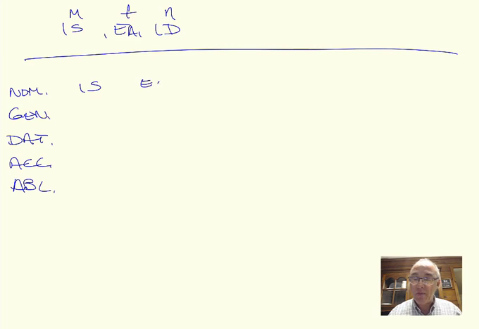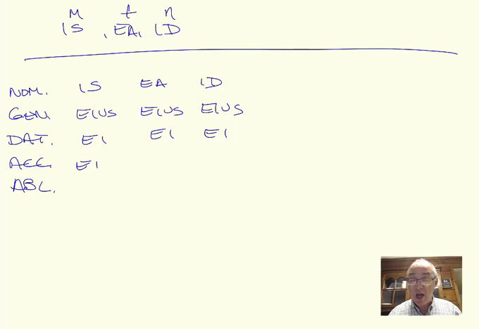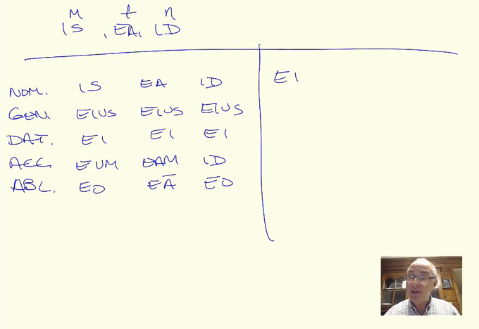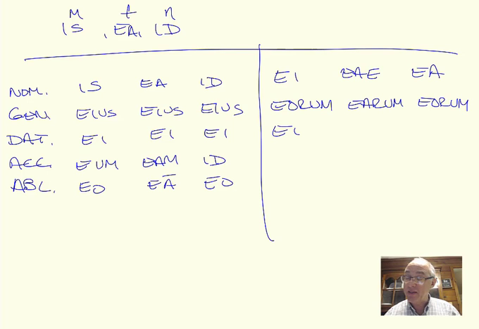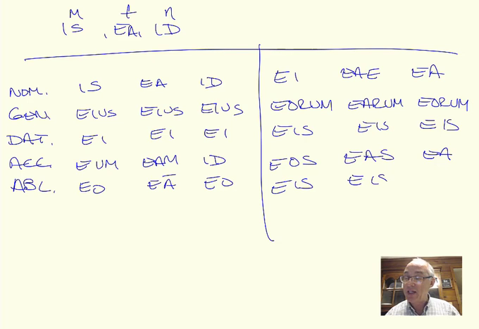Is, ea, id, eius, eius, eius, ei, ei, ei, eum, eam, id, eo, ea, eo. And in the plural, ei, eae, ea, eorum, earum, eorum, eis, eis, eis, eos, eas, ea, eis, eis, eis.